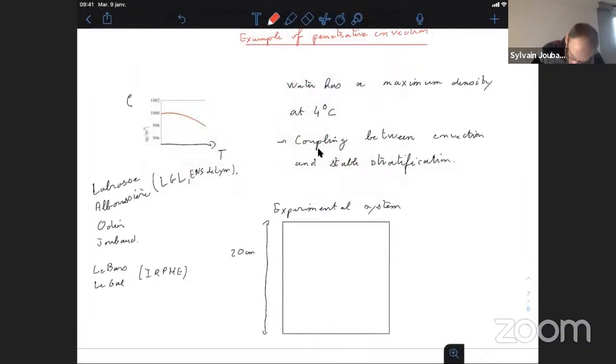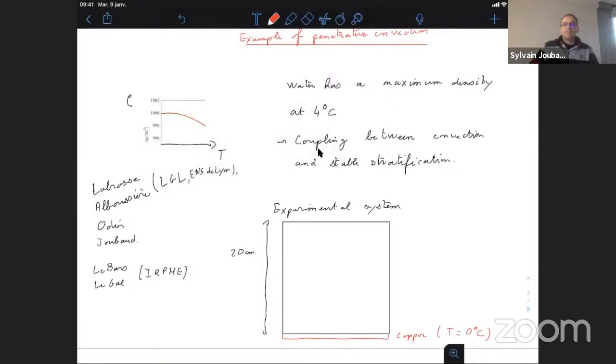You have here a system with copper and some fluid, with which you can impose the temperature T equals 0 degrees.